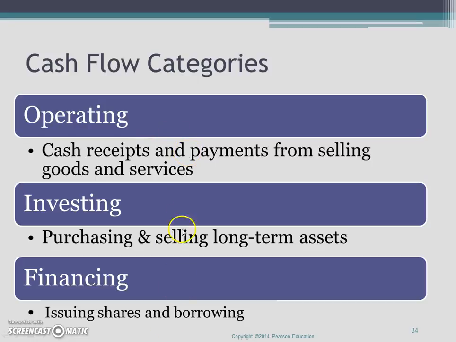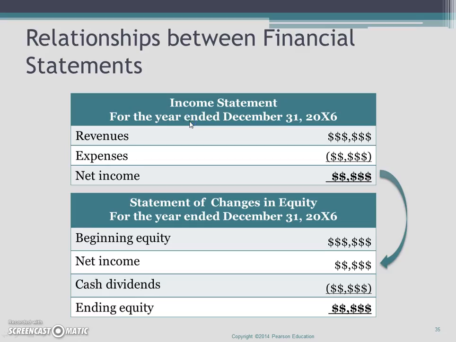So here we are again, a little bit more detail for the statement of cash flows. Now we have the relationship again. The net income comes into the net income here. Remember, revenue subtract expenses gives you this net income.